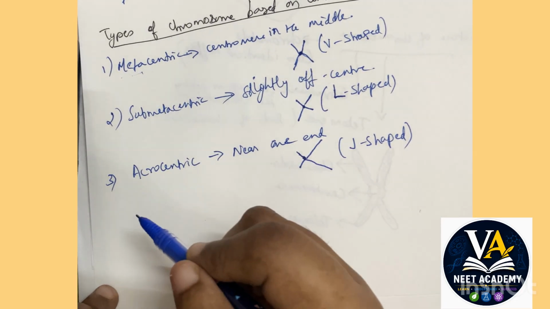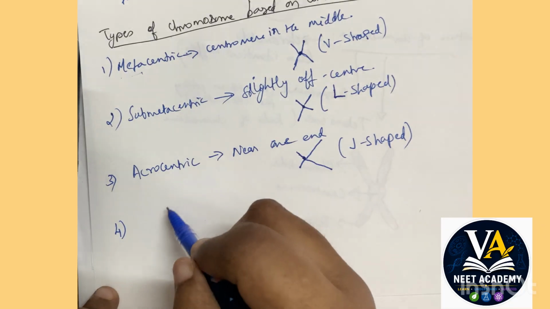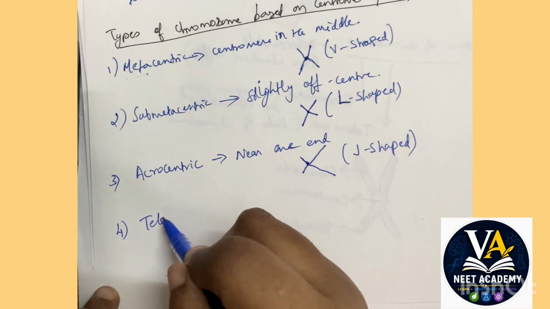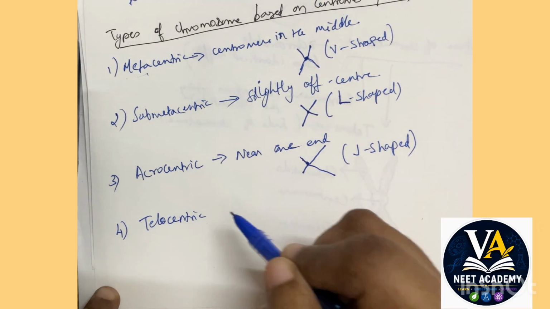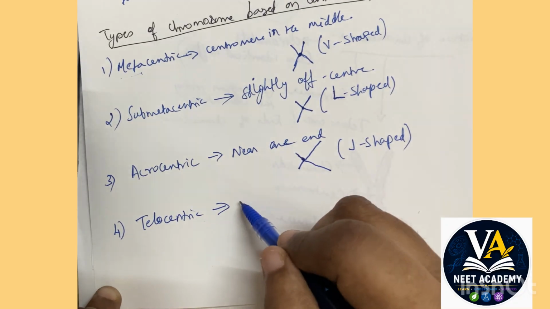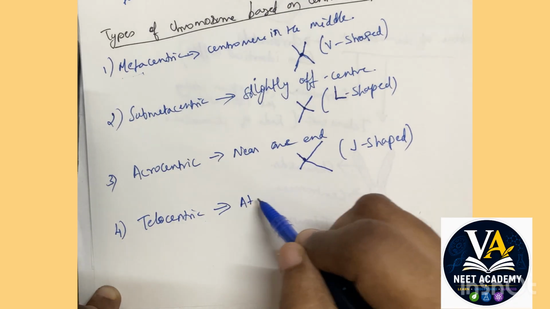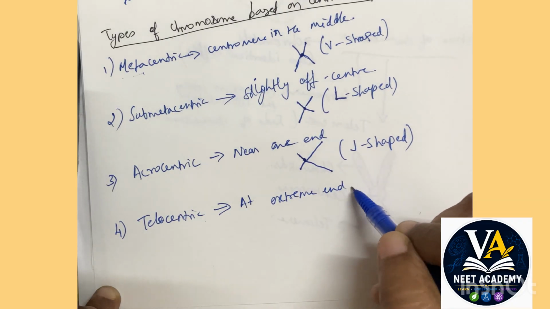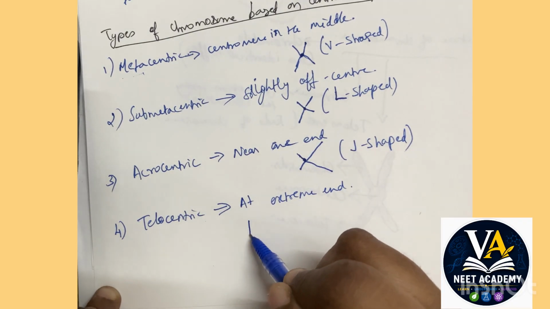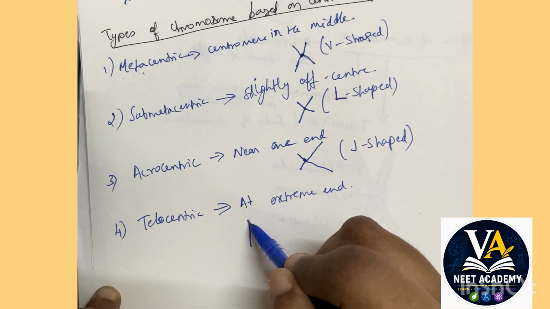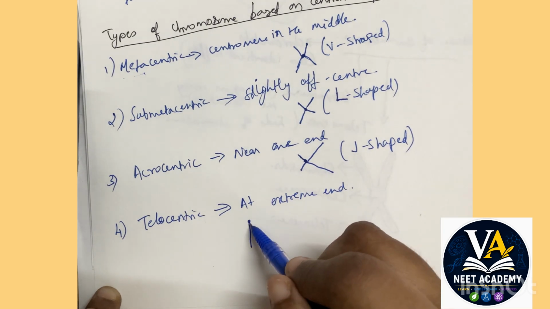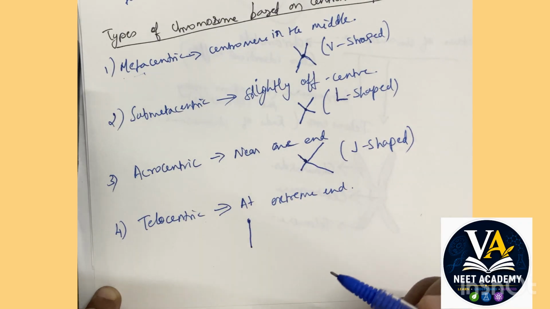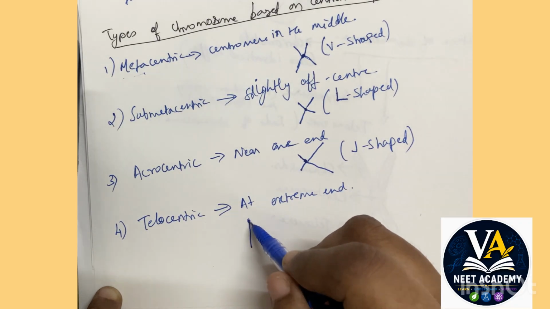Okay, and the fourth one, the last type, is called telocentric. Telocentric chromosome, where the centromere is present at the extreme end, giving you a structure like this. The chromatids do not form arms. So it's a single I kind of structure and the centromere is present here. If it was present here, it would form two arms.